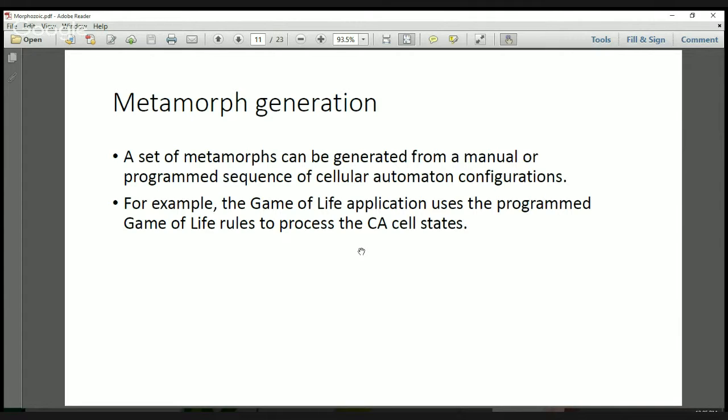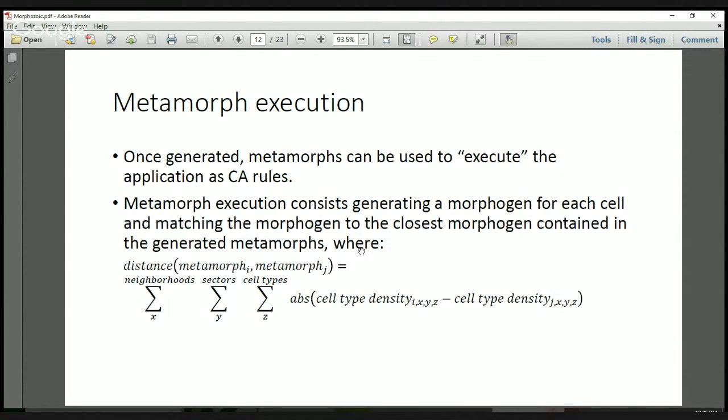For the game of life, we're going to use the game of life rules. When we execute a metamorph, the way we match on it is using a distance metric.